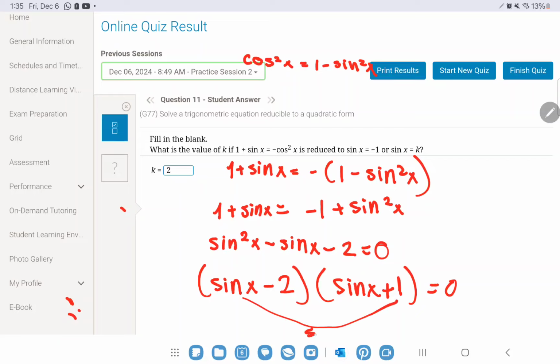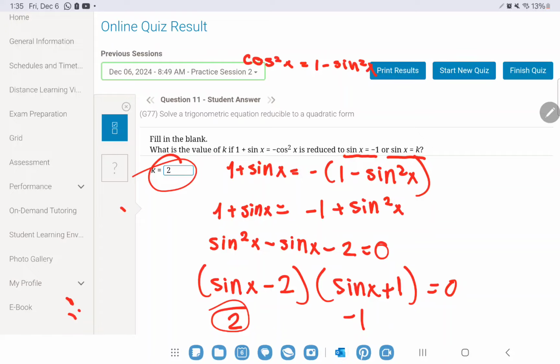You have sine x plus negative 2 sine x, and that equals negative sine x, so it's correct. Now to make this 0, sine x could be 2 or it could be negative 1. So sine x could be negative 1 or sine x could be 2, and that's how you solve.